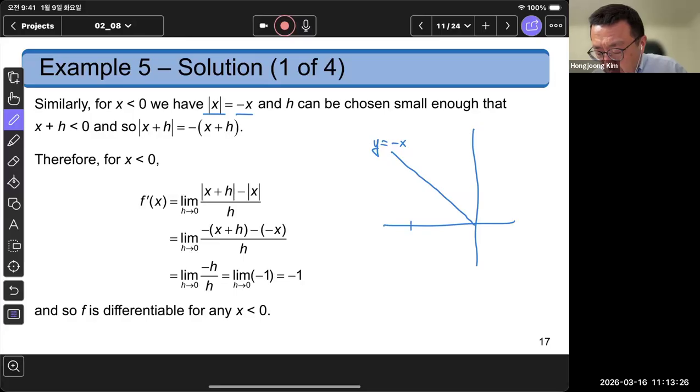And when I consider h approaching 0, at some point x plus h will also be in the left-hand side of 0. x plus h will be negative if h is small enough. So the absolute value of x plus h will be, for that h value, negative (x plus h).